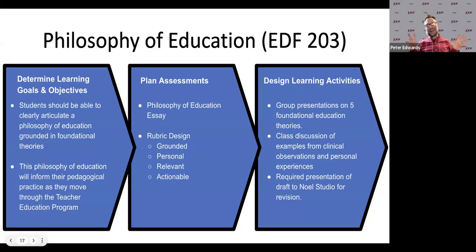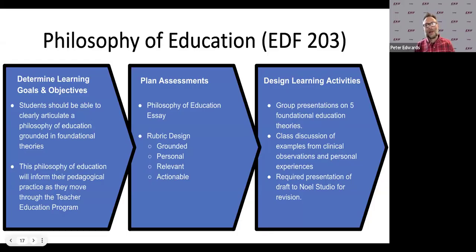All right. So I wanted to think about this in a way that made sense both for the program and for students. The big goals were students needed to be able to clearly articulate a philosophy of education that was grounded in foundational theories. That was a very important part. I think most students coming in understood what they thought a classroom should look like.